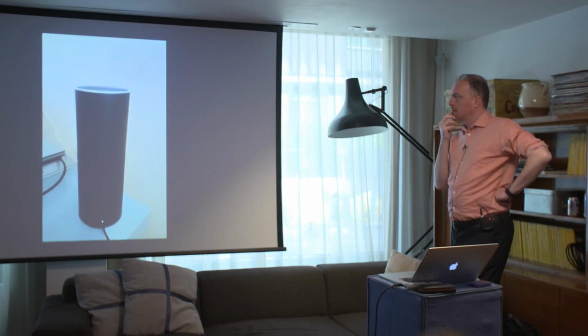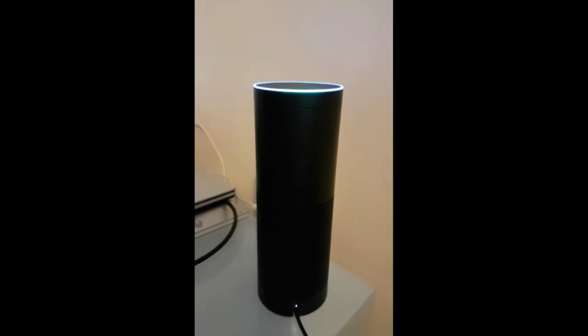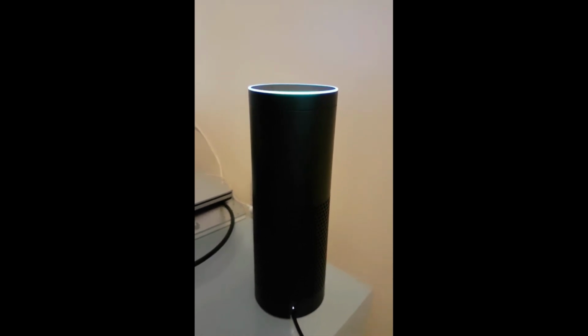Alexa, open World Factbook. Factbook. You can ask for the population or etymology of countries. Go on, have a go. What is the etymology of Australia? The name Australia derives from the Latin Australis, meaning southern.